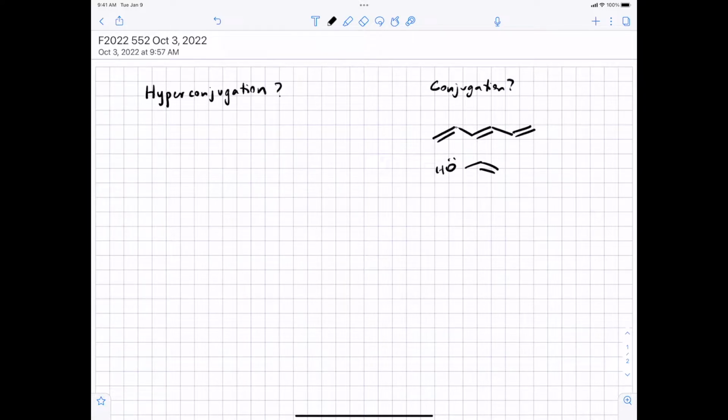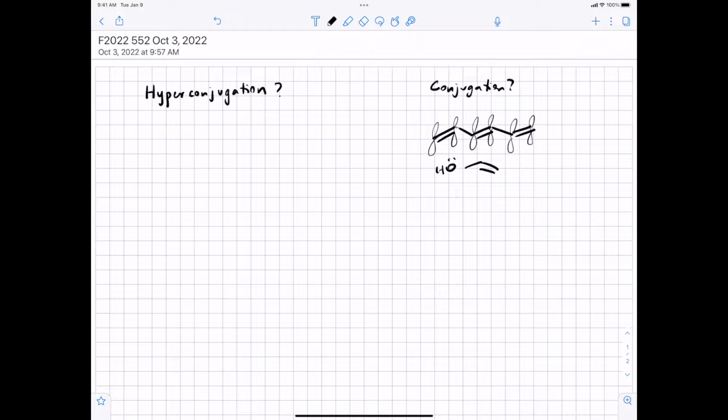In terms of the MO picture, conjugation means, and this is how Paul Savage put it 20 years ago when I was in this class, a contiguous array of p orbitals all lined up with each other. So on each of these atoms you have a p orbital that lines up with the other, and you can create a pi system of molecular orbitals. Does that sound sort of familiar? Okay.